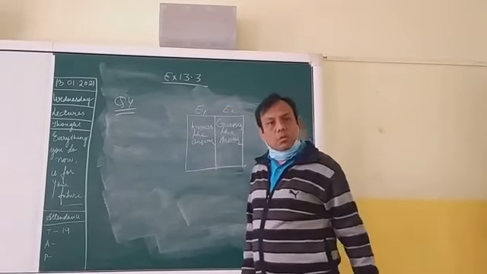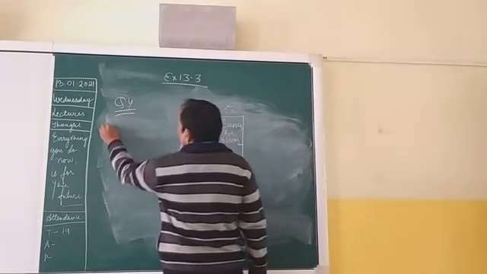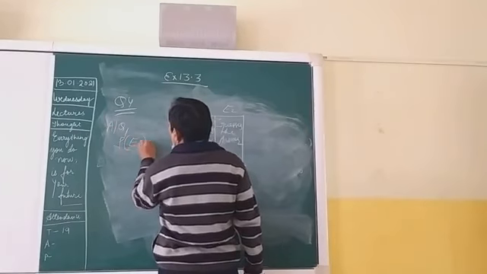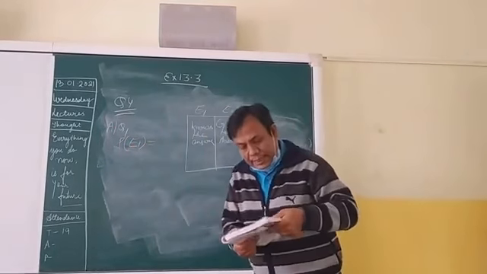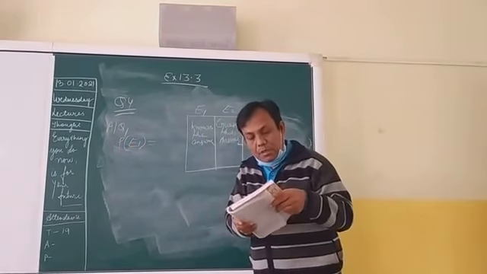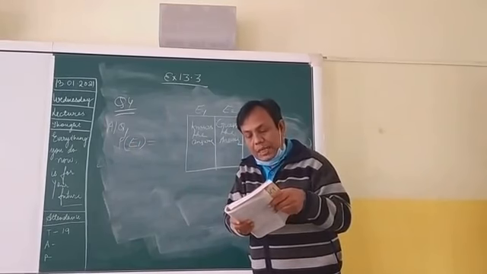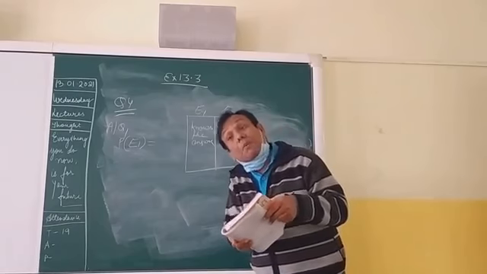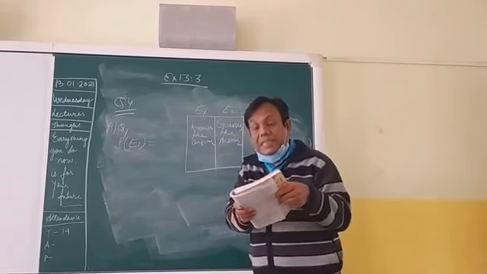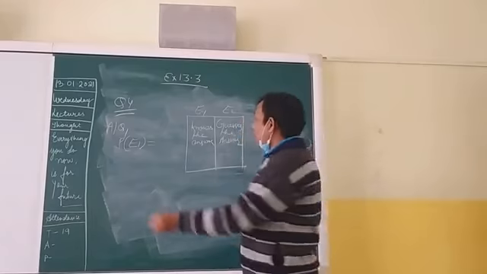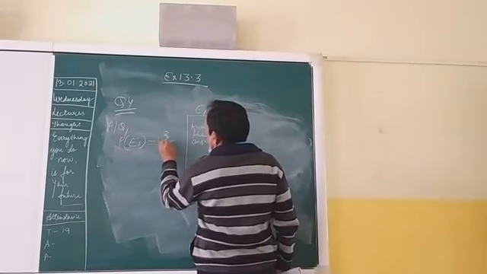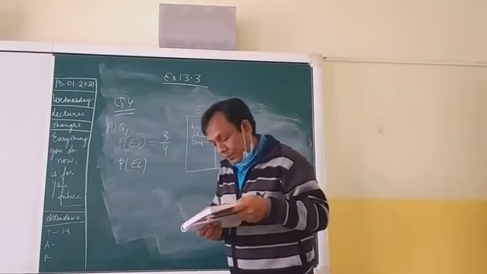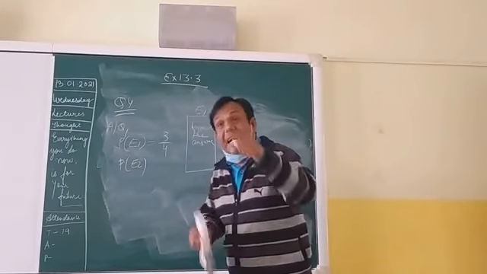Now according to the question, the probability of E1 is what? It is clearly written that a student either knows the answer or guesses. Let 3 by 4 be the probability that he knows the answer, and P(E2), 1 by 4, be the probability that he guesses.